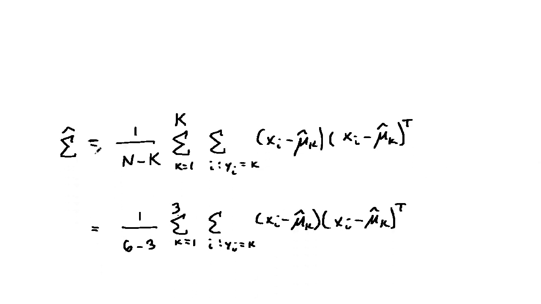Sigma hat is 1 over n minus K times the sum over k and the sum over i of this.